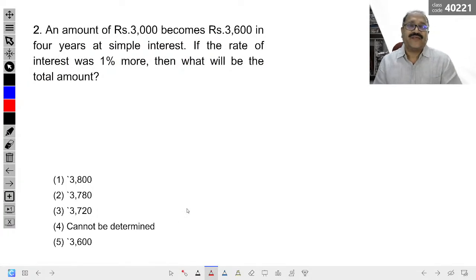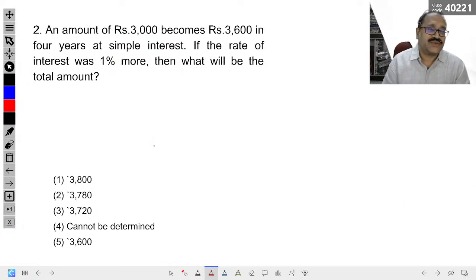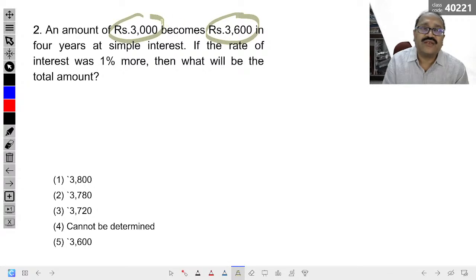Second question. Now let's see what is there. It's a very simple question. An amount of rupees 3,000 becomes 3,600. So this is my principal and this is my amount. So I know the interest is 600 in 4 years at simple interest.